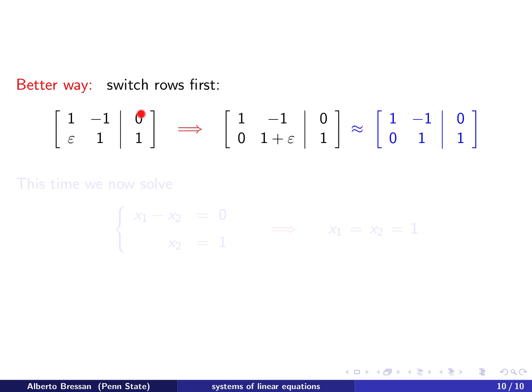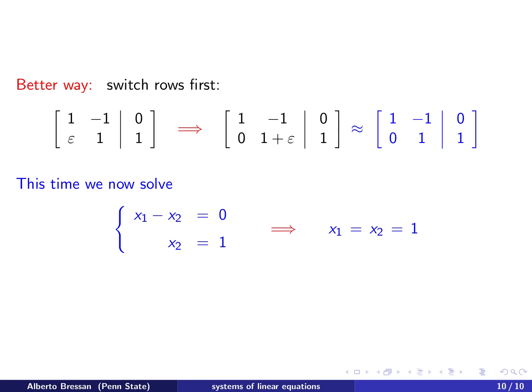Now we carry out the same procedure, and we multiply the first equation by negative epsilon and add on top. Then we get 0 here, and then we get 1 plus epsilon, and we get 1. And then again, 1 plus epsilon. Epsilon is so small that the computer can only store 1 in it, and then we have this in the end.